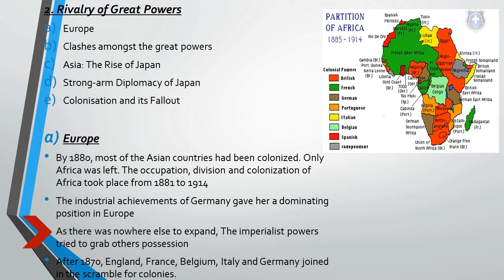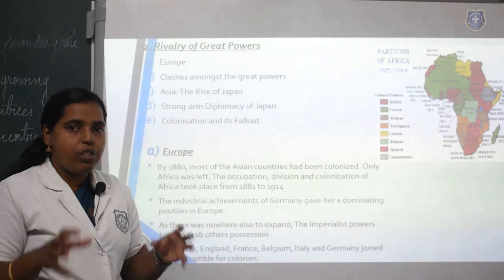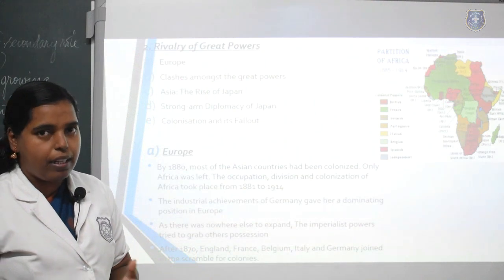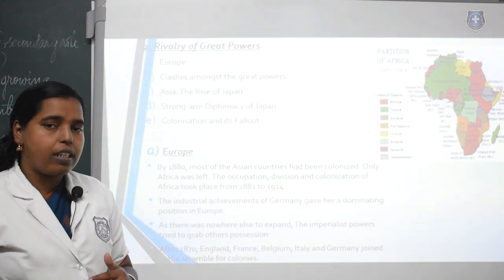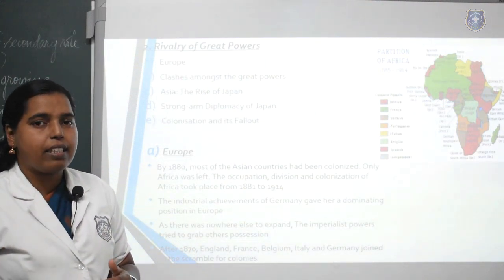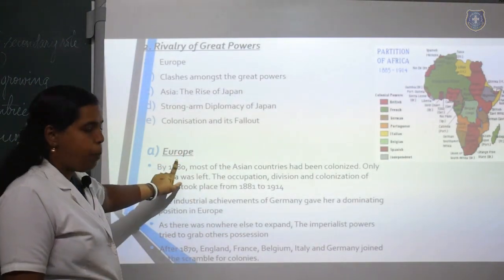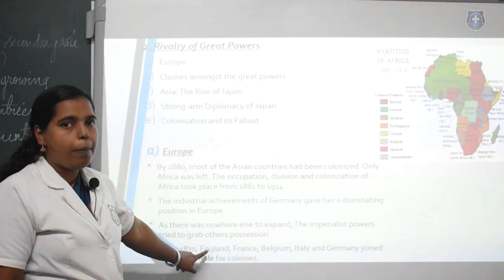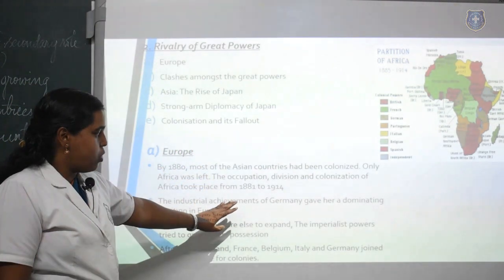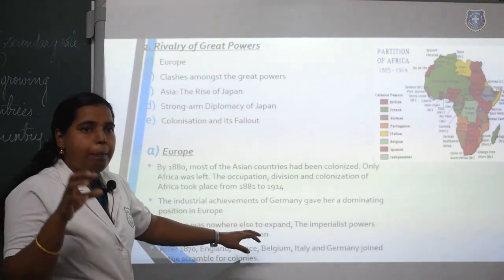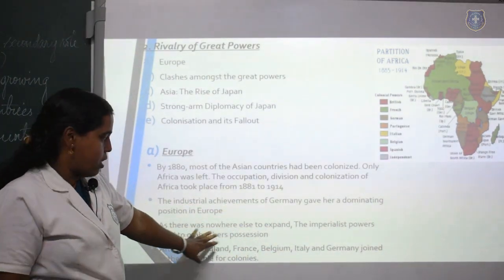Then as there was nowhere else to expand, the imperialist powers tried to grab others' positions. They will search out which other countries are not yet colonized or imperialized, and they will start annexing those countries. Under such a situation, Europe was doing a great job in that annexation. Germany was completely with the motive of imperializing many countries.